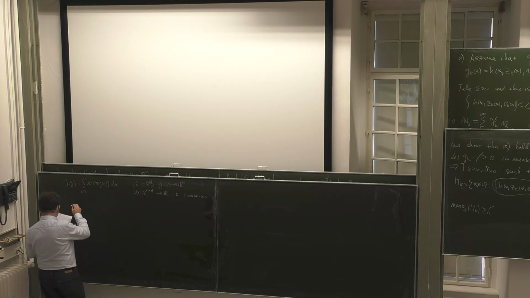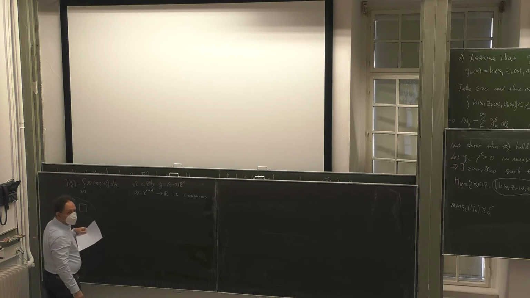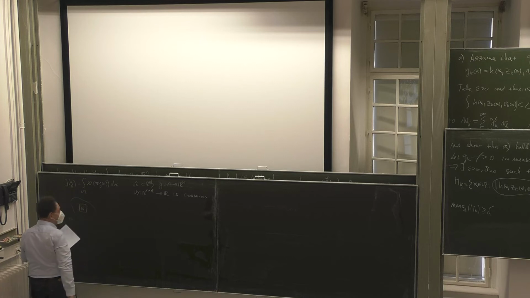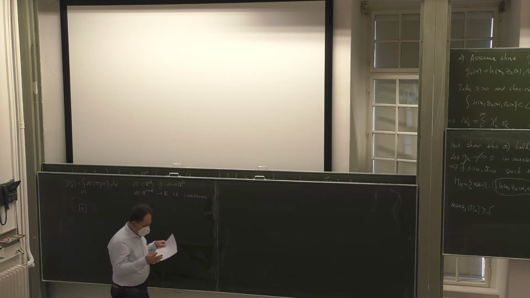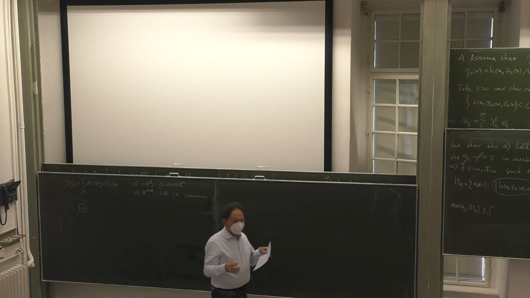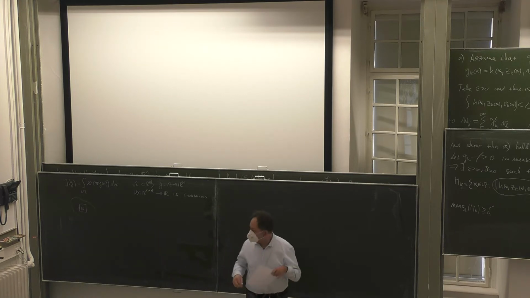We have this omega, and I assume I can put there a unit box, or Q, maybe not unit, a little box with faces which are aligned with the coordinate axes.